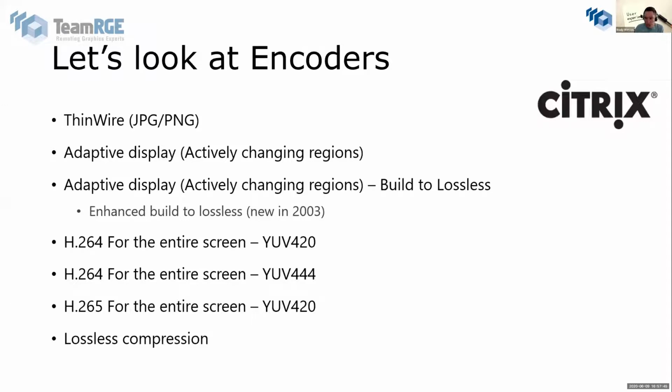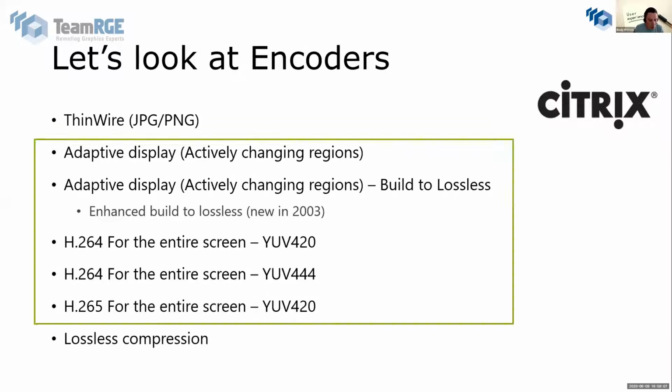So let's take a look at the different encoders then in comparison with GPUs. So Citrix has many different encoders. So thin wire using JPEG, adaptive display, active changing regions, it's also called, or H.264, H.265. And if we look at the GPU-powered encoders, then you can see that most of the encoders can be supported by a GPU or offloaded to a GPU, which will enhance the user experience.